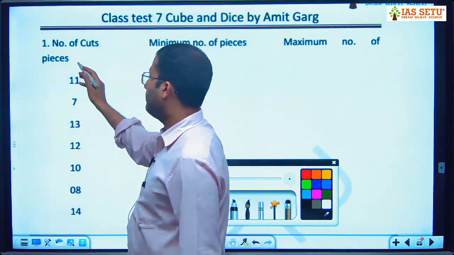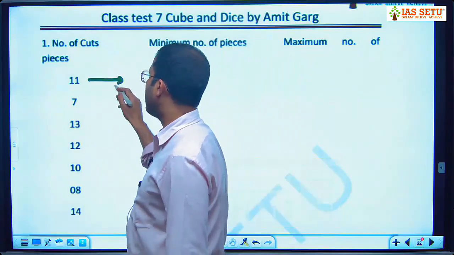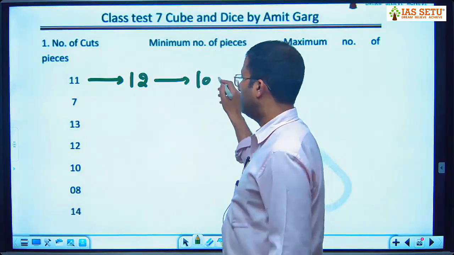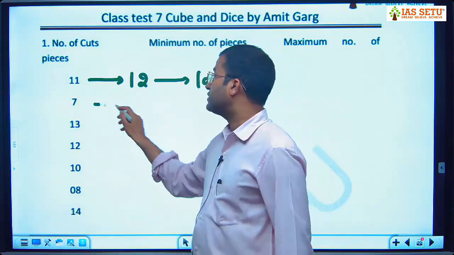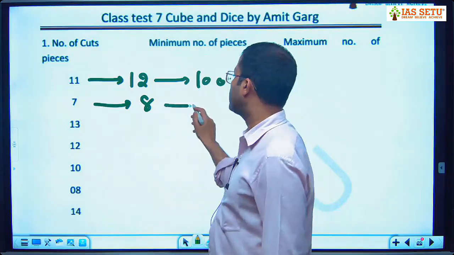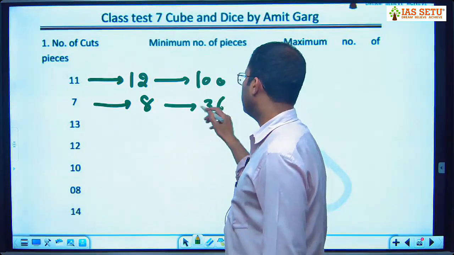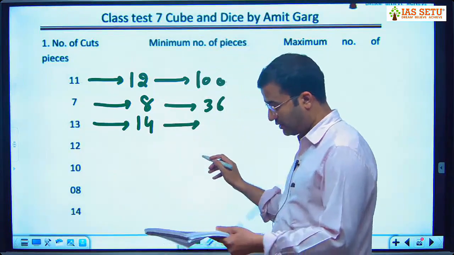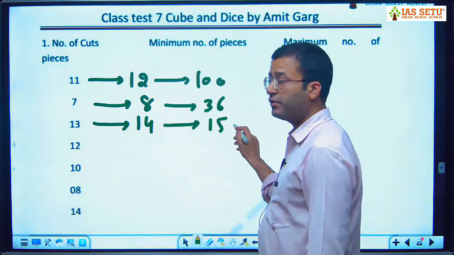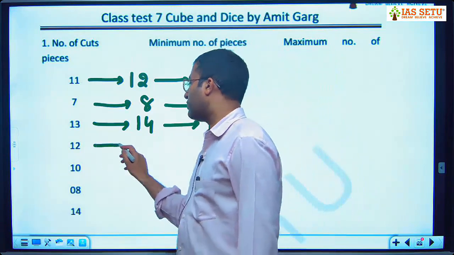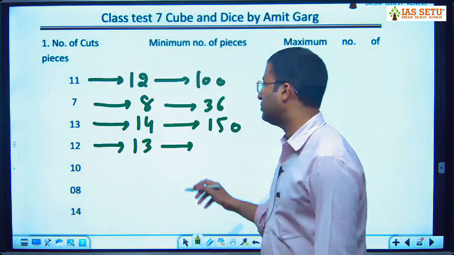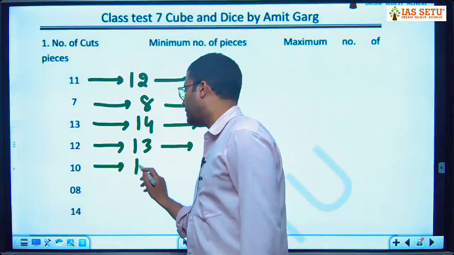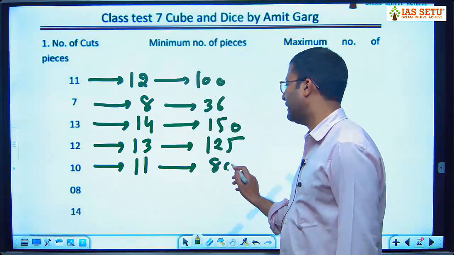Now here number of cut given, minimum pieces 11 cut, 12, maximum 100. 7 cut give minimum number of pieces 8, maximum 36. 13 cut give minimum pieces 14, maximum 150. 12 give you minimum pieces 13, maximum pieces 125. 10 give you minimum 11, maximum 80.